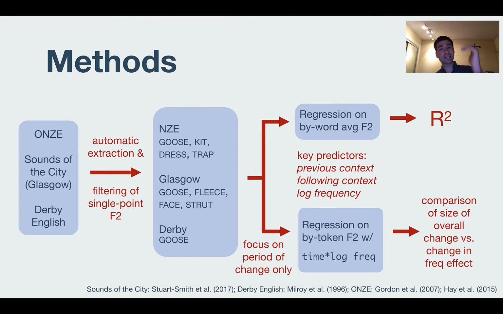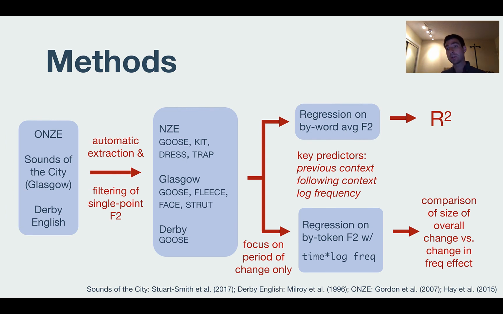And then in the second set of models, these are regression models on by-token F2 values. So there's no averaging here. We're just looking at the F2 measurements for each of the tokens. And these models include an interaction between time, which is usually year of birth, and log frequency. And what this allows us to do is to actually look at potential differences in the speed at which low frequency versus high frequency words are changing.